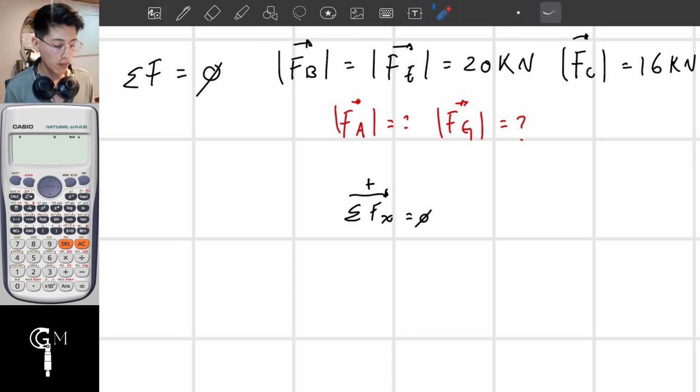For me, everything that points in this direction is going to be positive for x, and everything that points towards this direction is going to be positive for y.